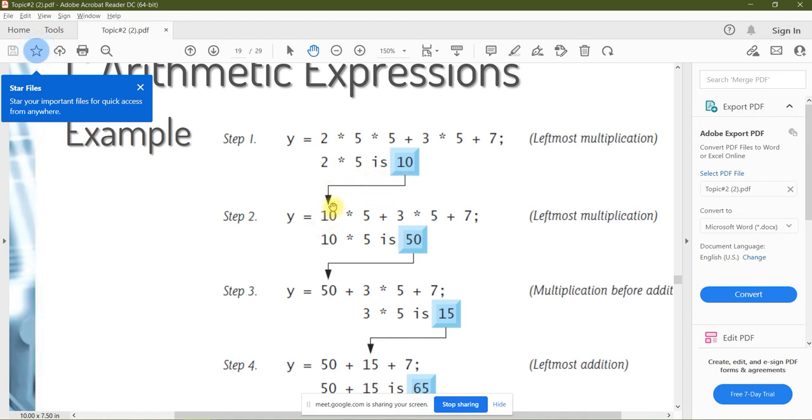It substitutes the 10 for the 2 times 5 above. Then it reads left to right again, sees the multiplication, 10 times 5, and the answer is 50. It substitutes the 50 for the 10 times 5 above.